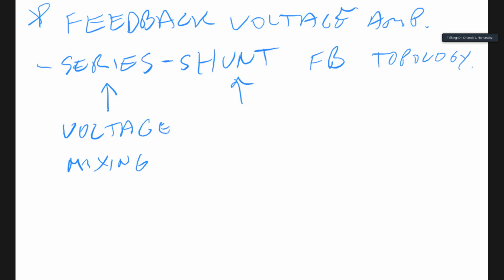And if you are doing parallel sampling, then you're doing voltage sampling. And you can see, as we'll see later, how you can have 4 different configurations. You can have all the combinations of voltage mixing or current mixing and voltage sampling or current sampling.